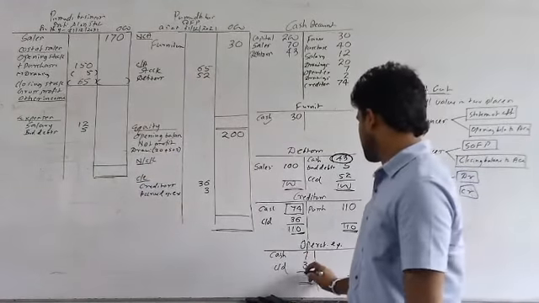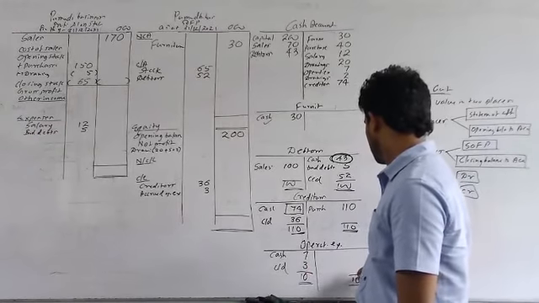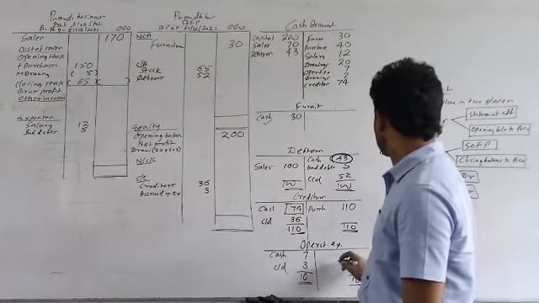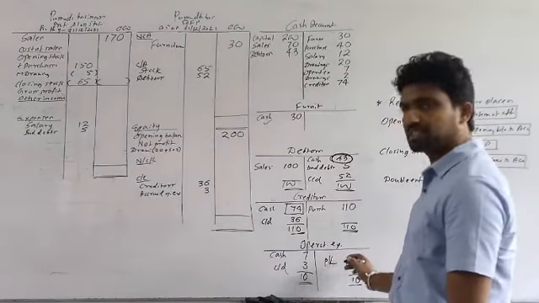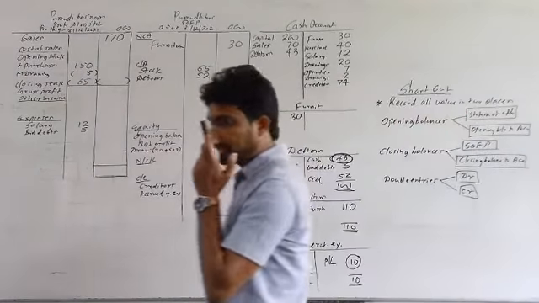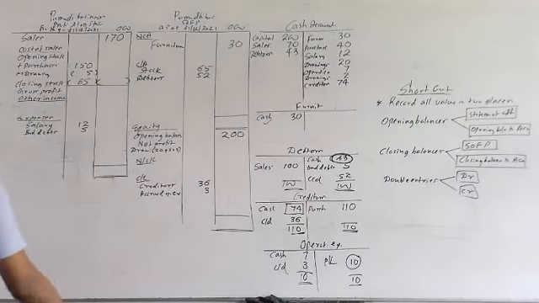Take the operating expenses. Take this 10 and charge that to profit and loss after the adjustment. This 10 comes under expenses, operating expenses.